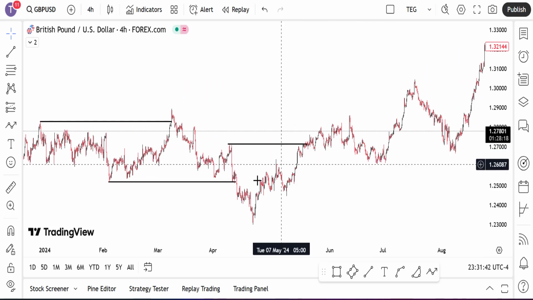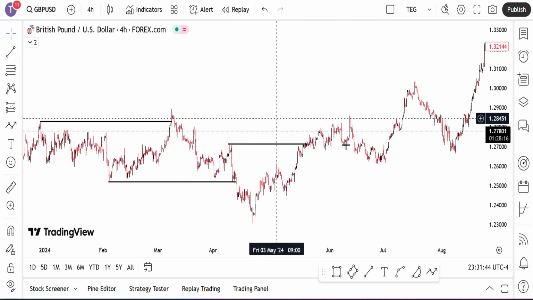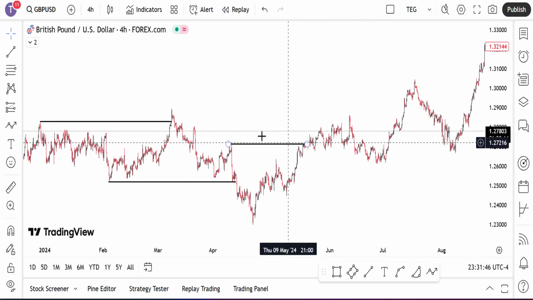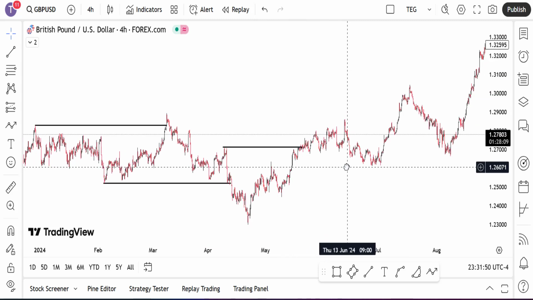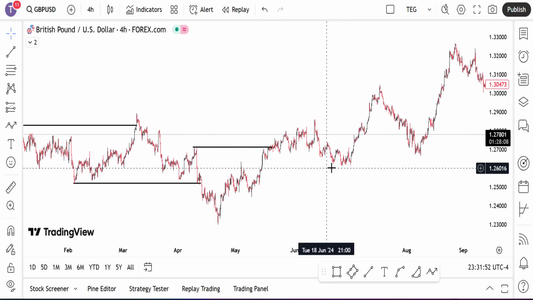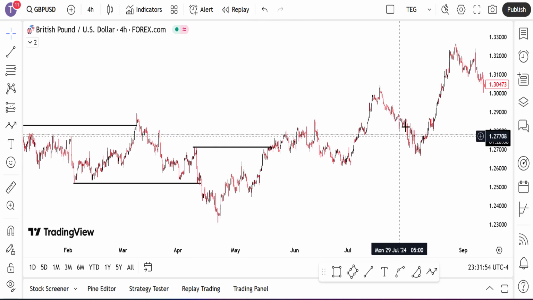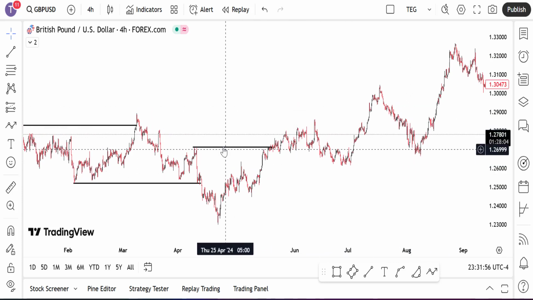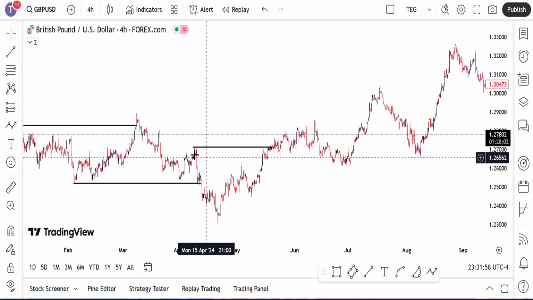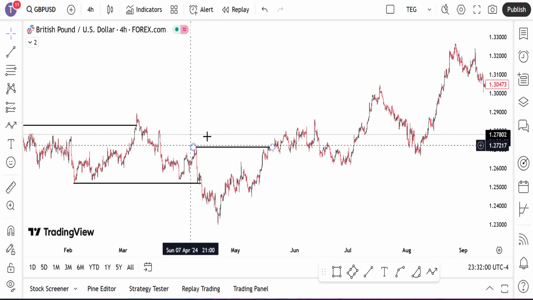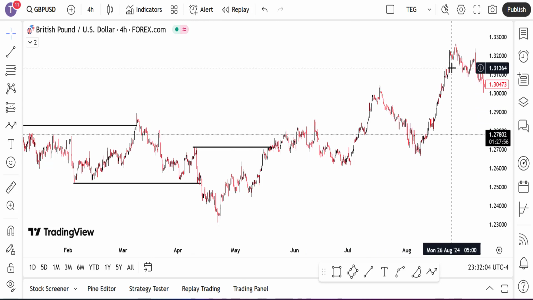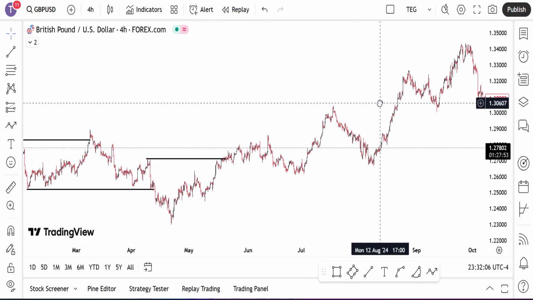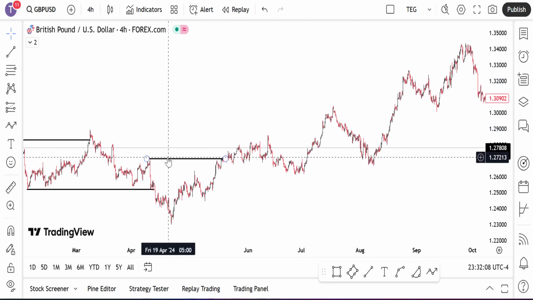This is our 4-hour chart. Remember, you can see it on TradingView. There was a market structure to the upside. This long-term market structure swing was the one that created this move to the upside.